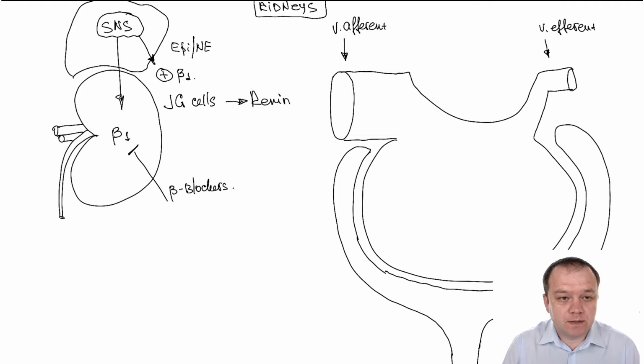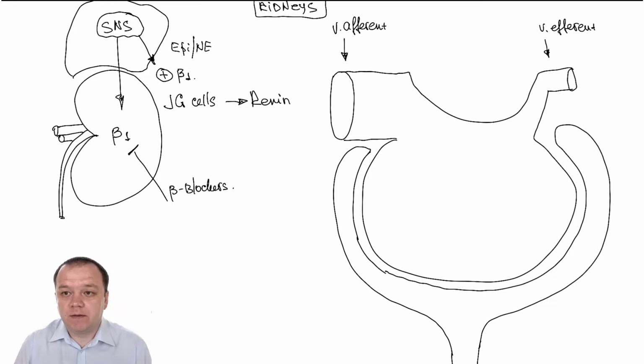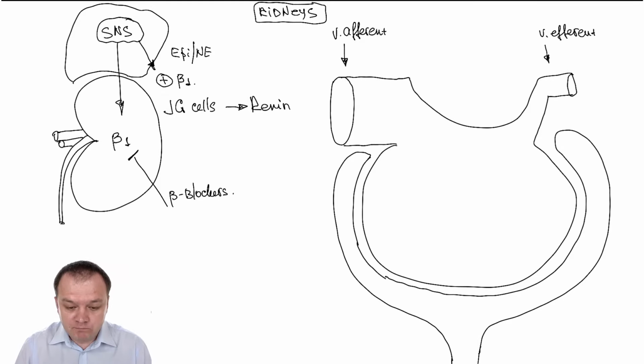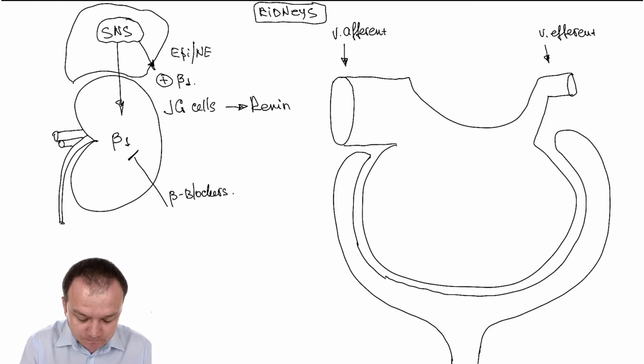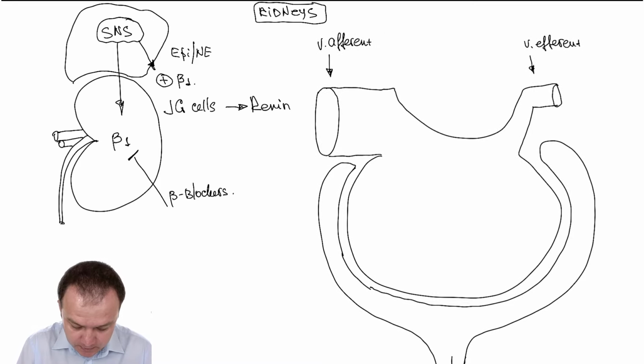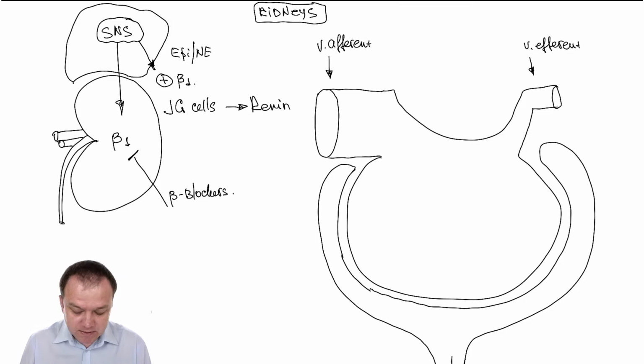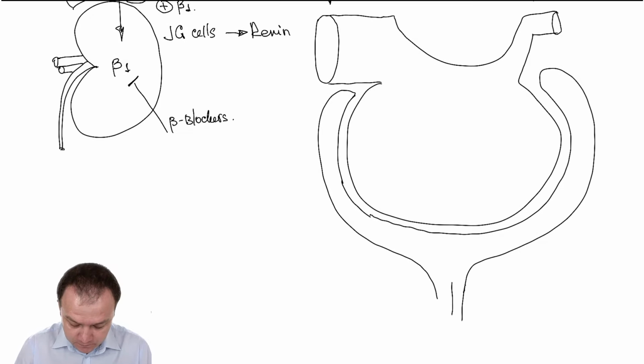I will try to move my camera to another place, like that. So vas efferent is smaller, and it is very important to understand the type of receptors that are really present in the vas afferent and vas efferent, because many questions, many concepts are focused on that.